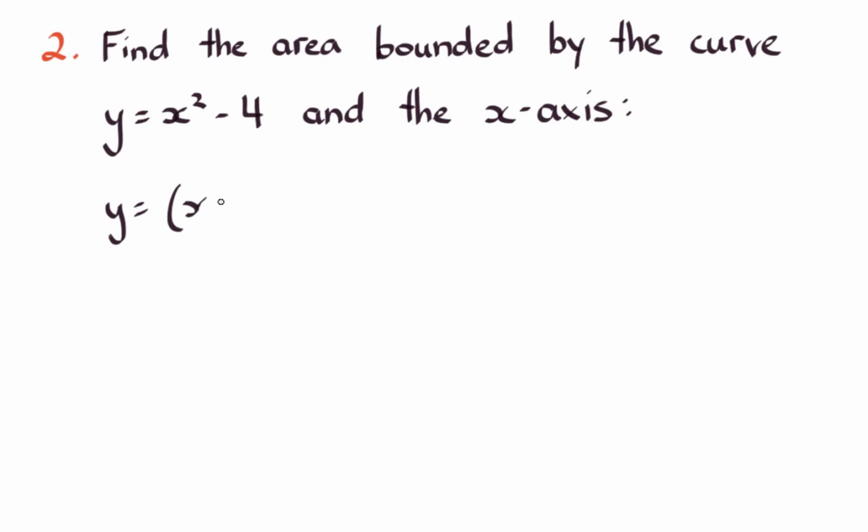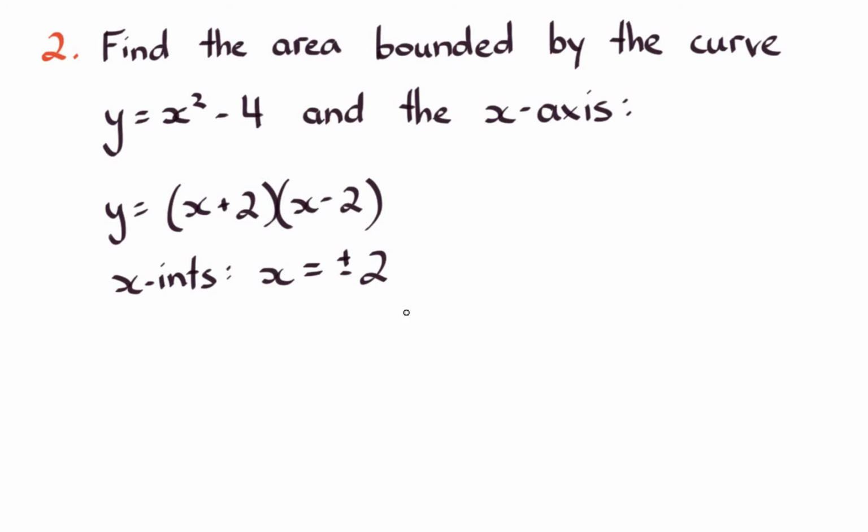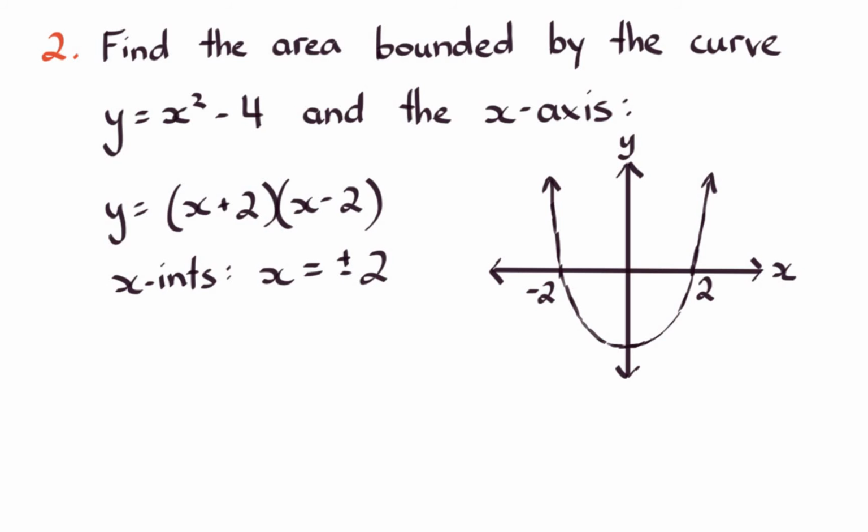And so we can write this as x plus 2 multiplied by x minus 2. Or you might just be able to realize straight away that the x-intercepts are going to be positive and -2. So, graphing this, we can see that the area is actually below the x-axis.